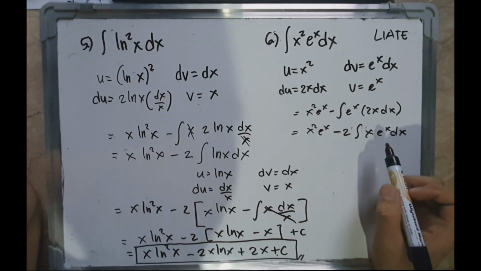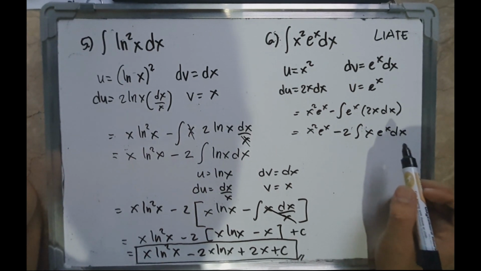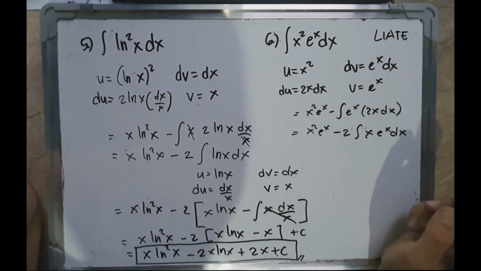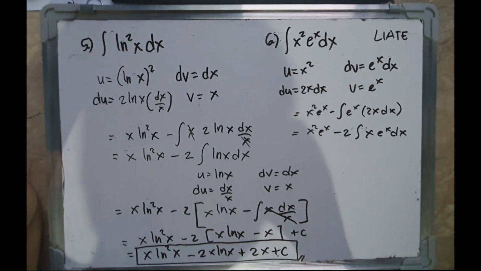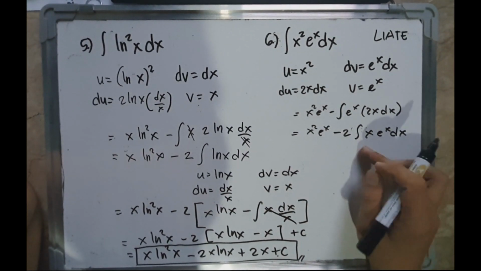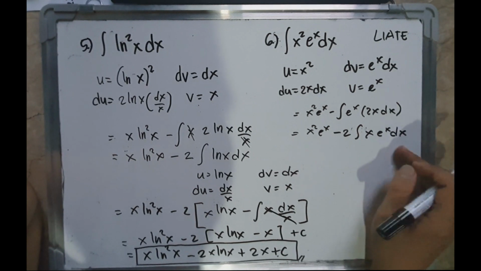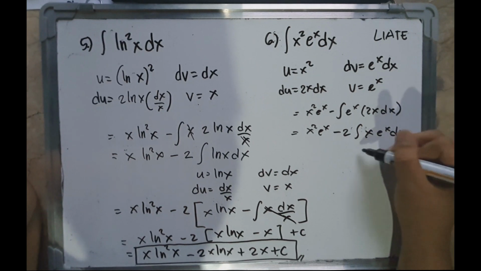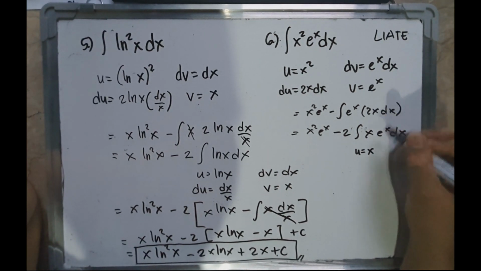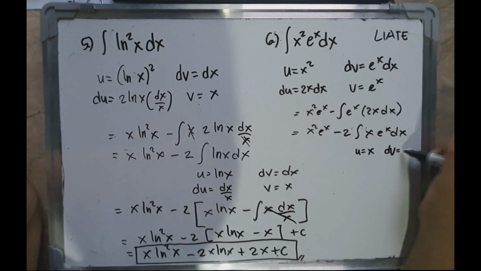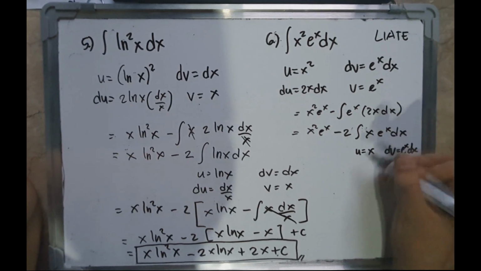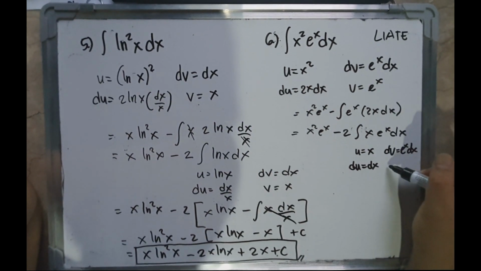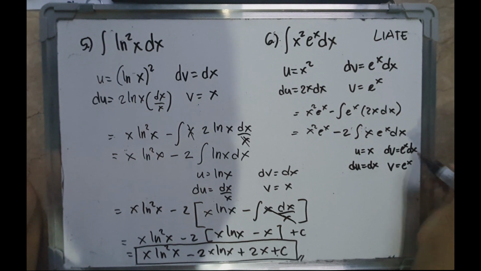So we have assigned the proper u and du. So again, this is an integration by parts. So let's have the u as x, the dv as e to the x dx. The derivative of u, which is dx, the integral of dv, v, which is e to the x.